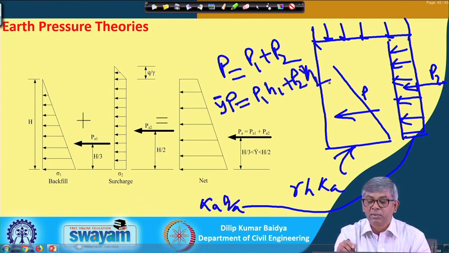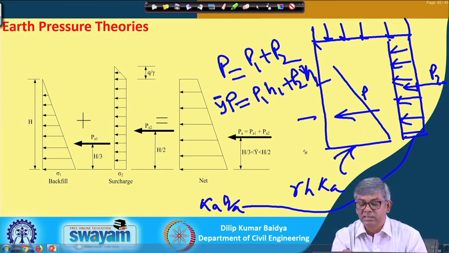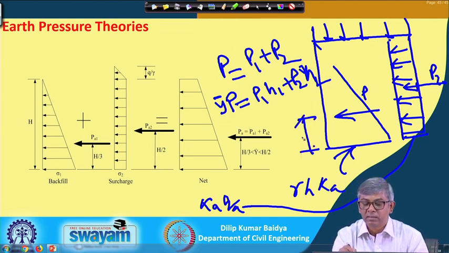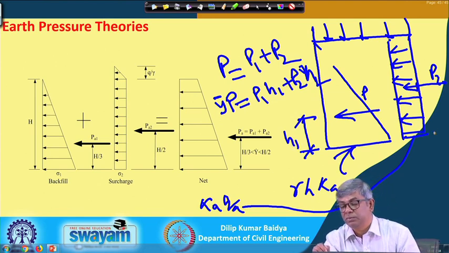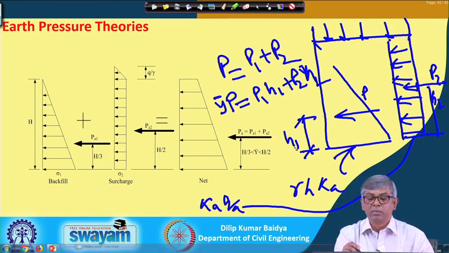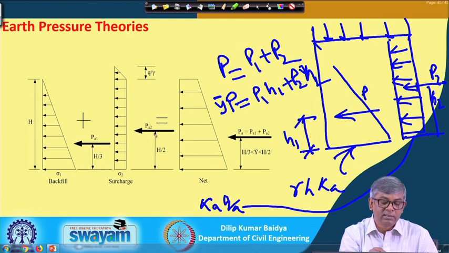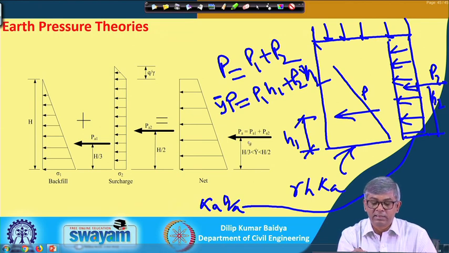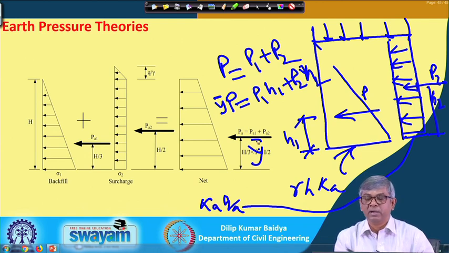Here this is H 1 and this is H 2. Suppose the resultant thrust is somewhere here, that becomes y bar. That way we can find the thrust.